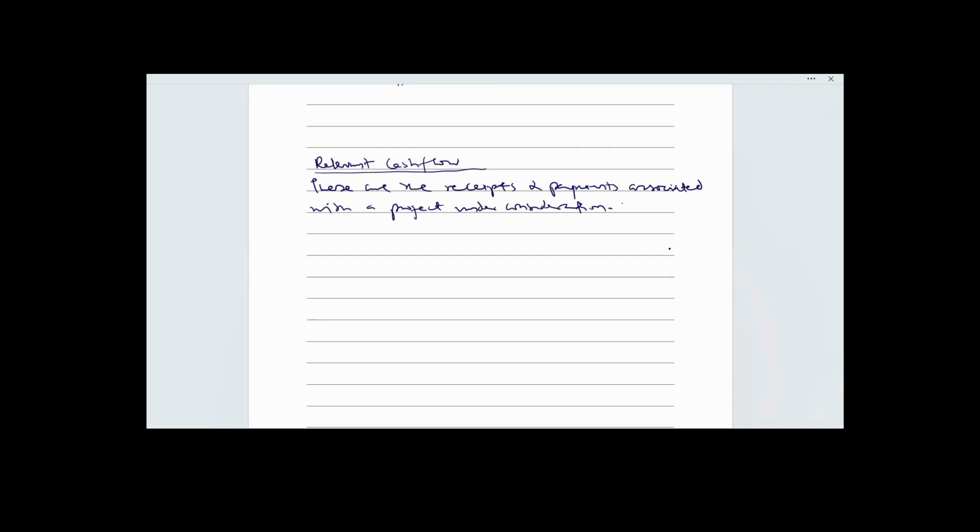In the determination of the financial viability of a project, the following items should be examined critically.